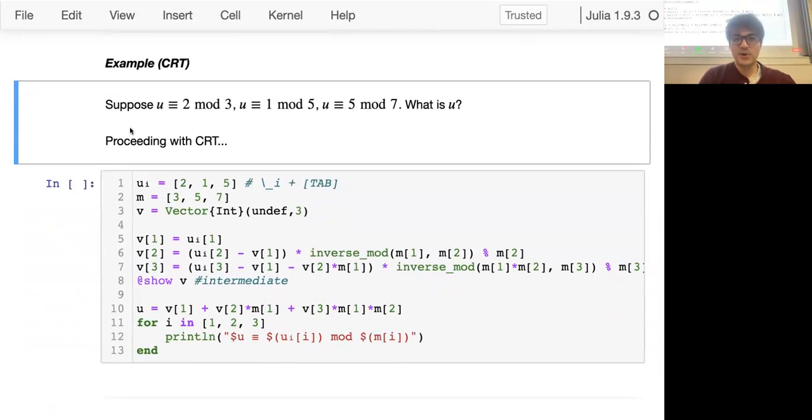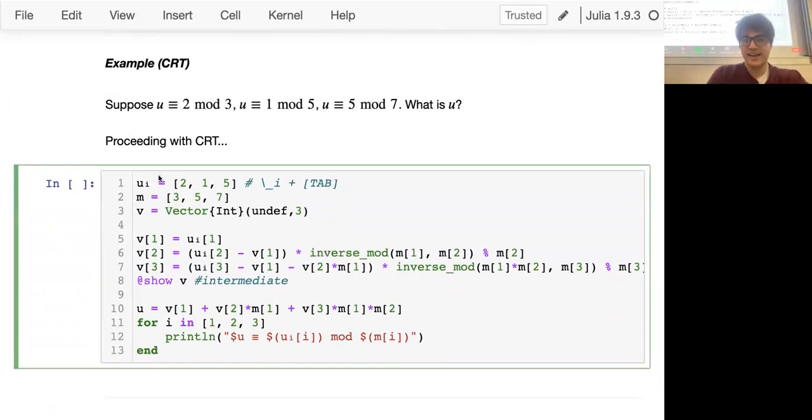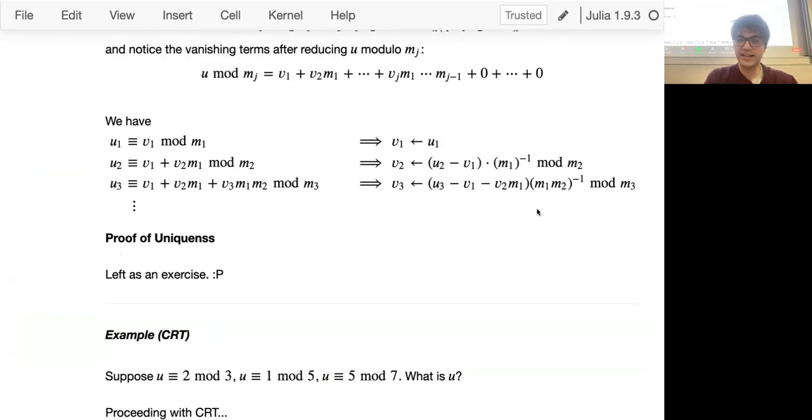Okay, so here's a real example of doing the Chinese remainder theorem. Suppose that we know that U is 2 mod 3 and 1 mod 5 and 5 mod 7. What's U? Well, here are my Ui's, here are my M's, and here is my solution vector V. I'm running through exactly what the V's are doing.